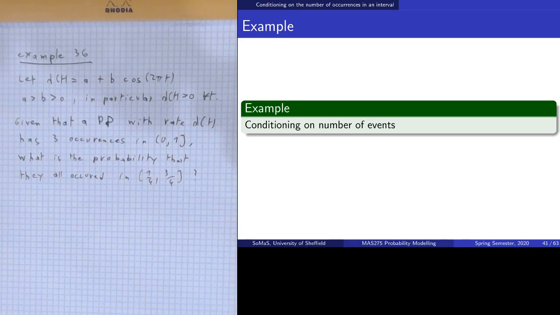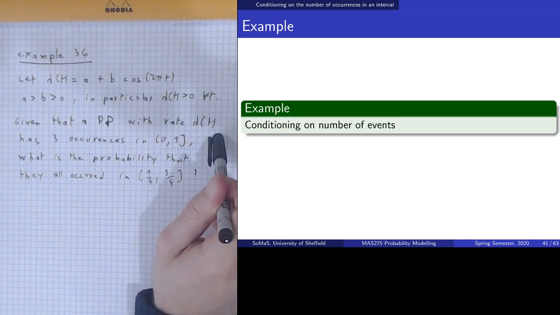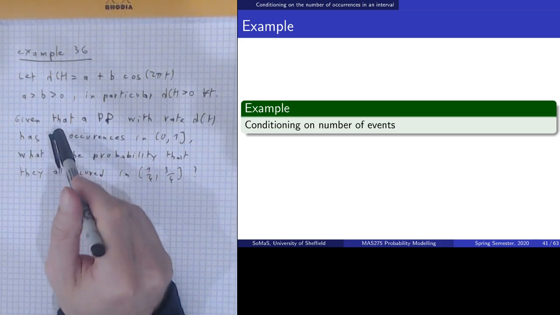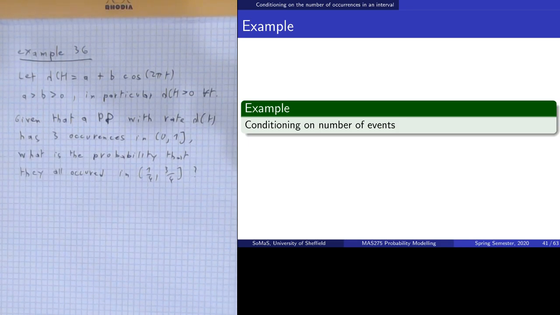Okay, here's a question, and remember, we know that conditionally on this, so n equals 3, then the number which occurred in here is a binomial variable with parameters 3 and then this ratio of two integrals. So we just need to find out what is the probability that such a binomial variable is equal to 3.